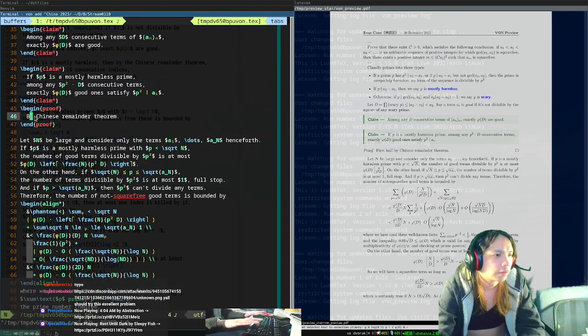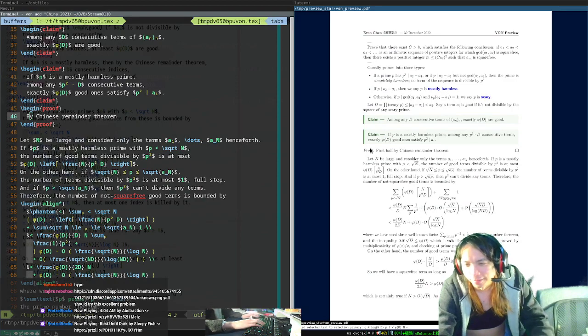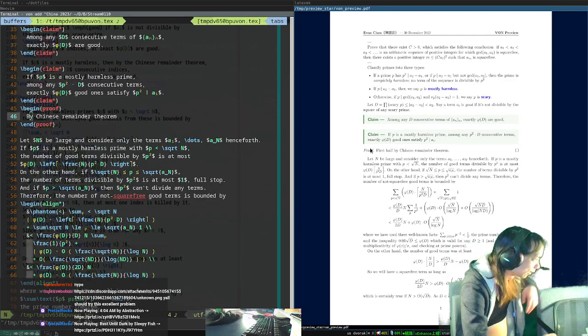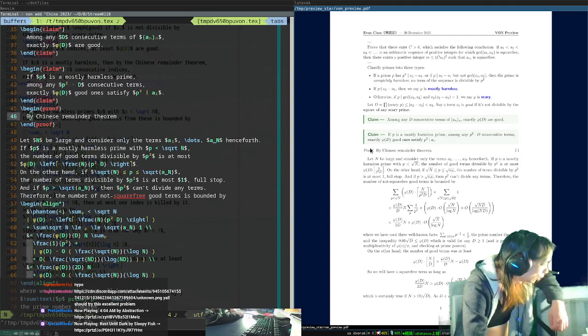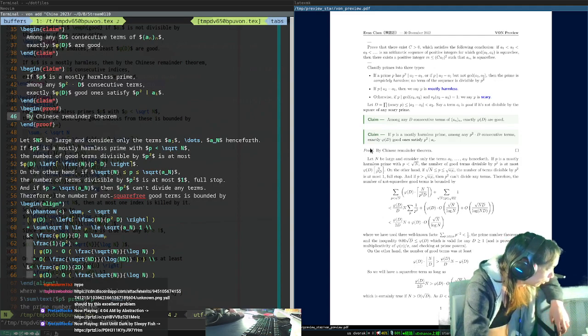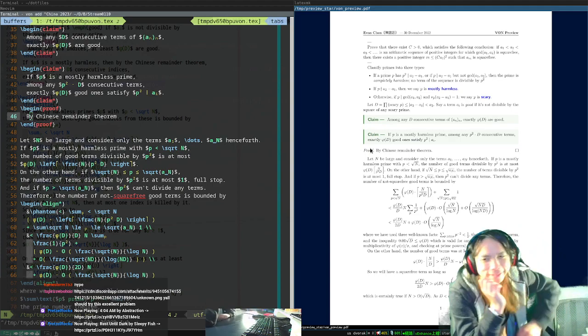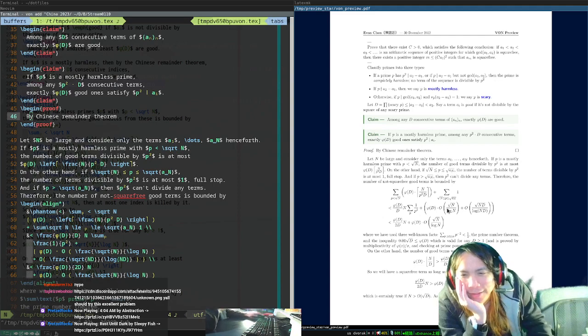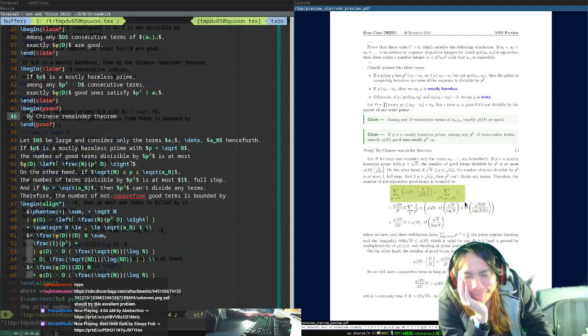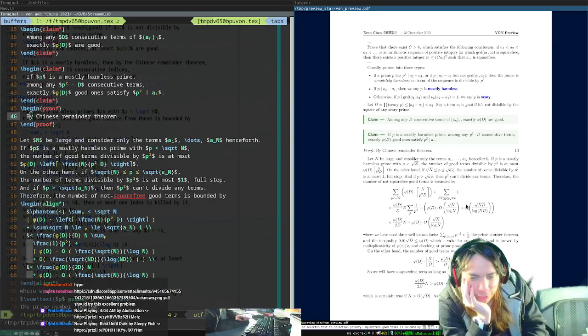Okay, is that it? Are we all good? Find all positive integers d such that d squared minus 1 greater than d squared plus 1. Beautiful. Wow. There's literally like three. I thought the mostly harmless primes were mostly harmless.